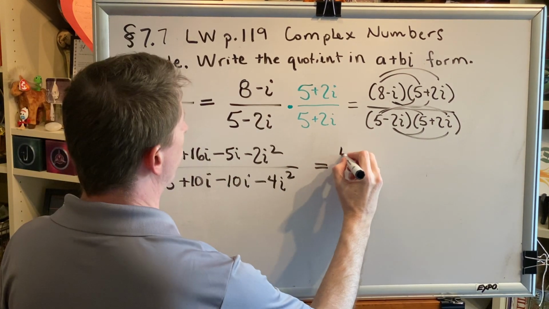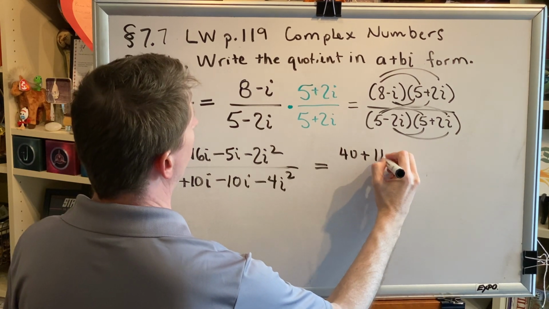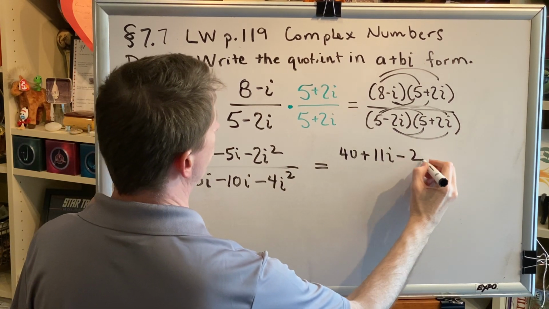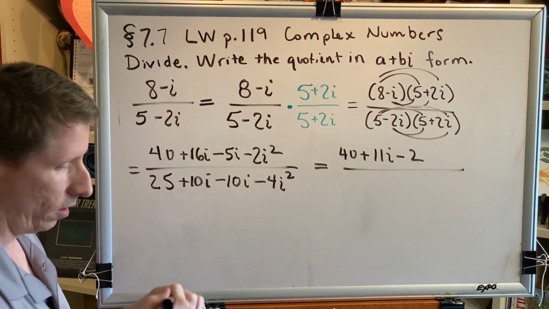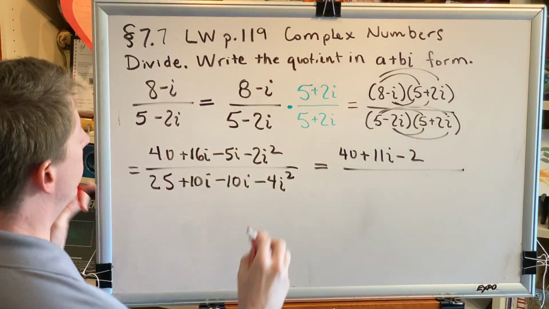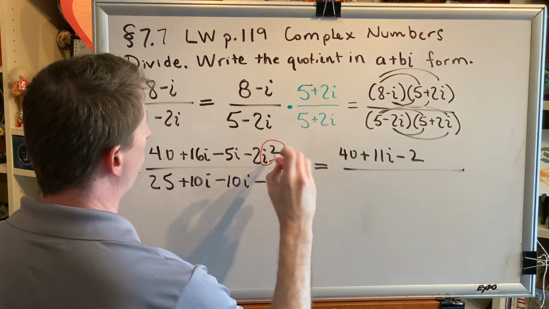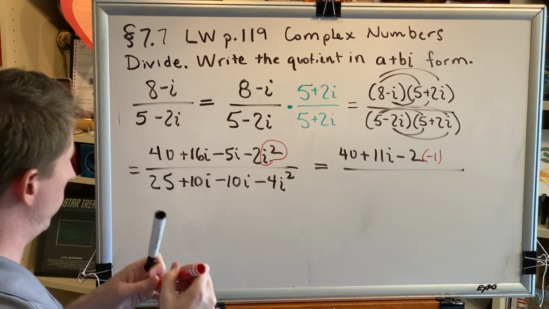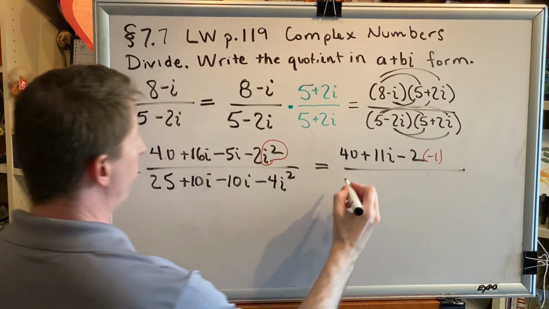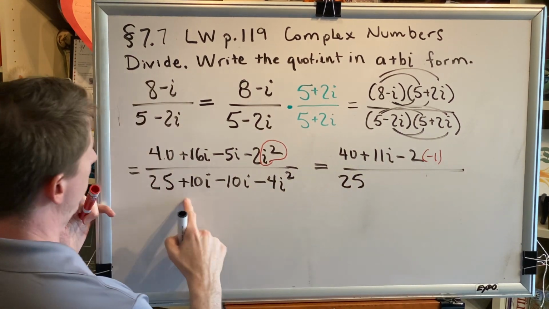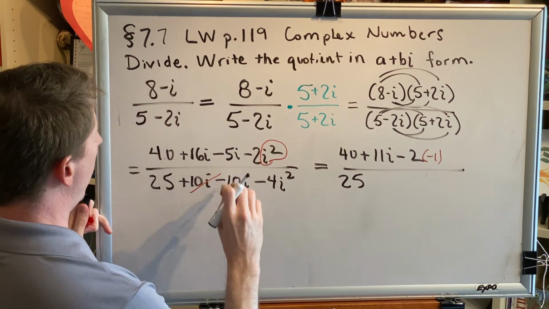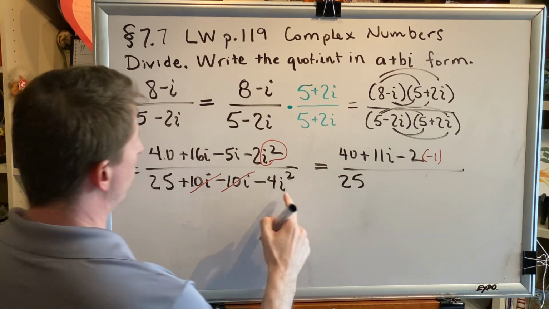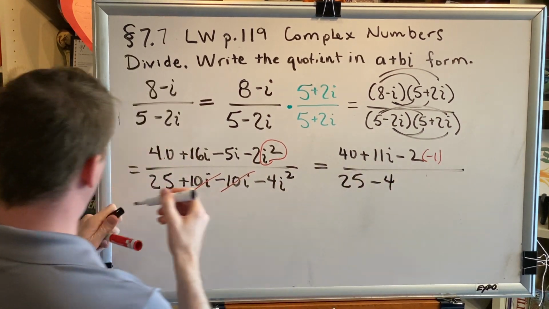Combine your like terms. 40 plus 11i minus 2i squared. But we know that i squared is the same as the number negative 1, so we're going to replace i squared with negative 1. And in the bottom we have 25. These cancel, plus 10i minus 10i, minus 4i squared.